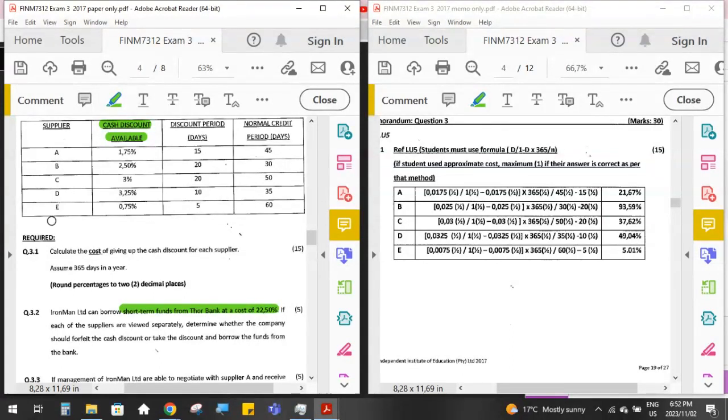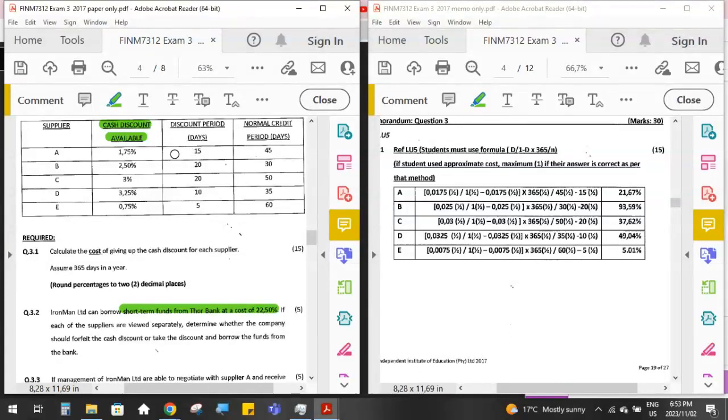So here we've got 5 suppliers. These are the settlement discount percentages that they've offered us. And this is the number of days in which we have to pay them in order to be able to deduct that settlement discount from our payment. So we've got to pay them within 15 days, usually of the end of the month.